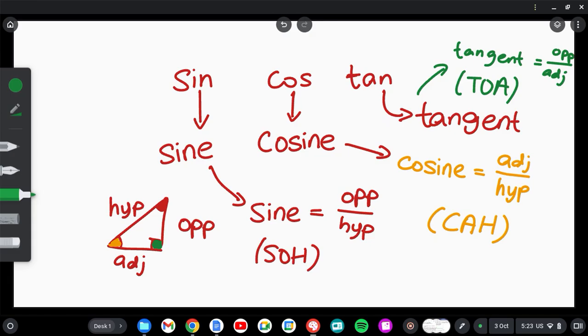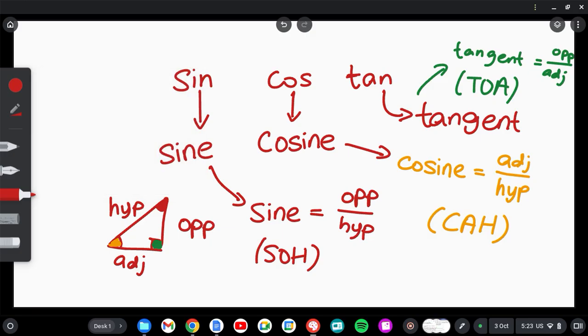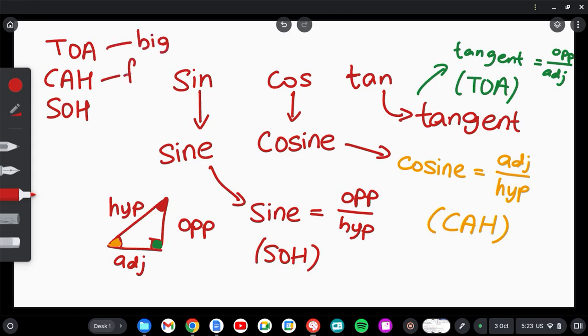So in all, you need to memorize these things in this particular order. Toa, cah, and soh. In direct Hokkien translation, tua is big, ka is foot, so is auntie. So technically it will stand for big foot auntie, but you cannot say that.